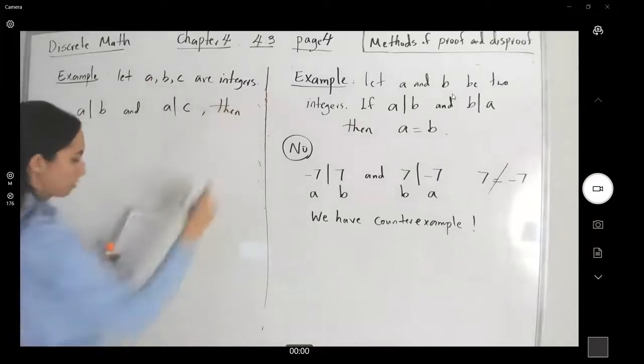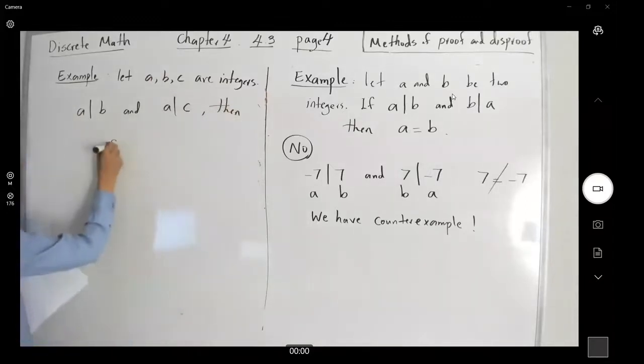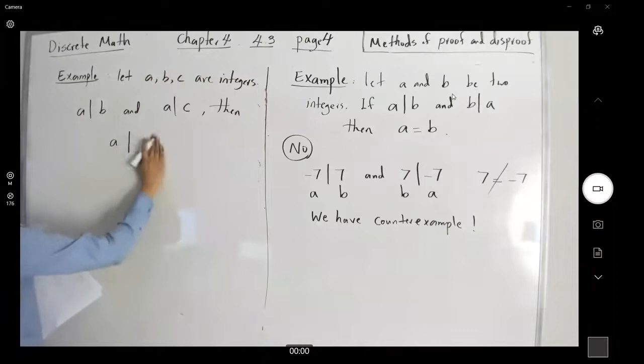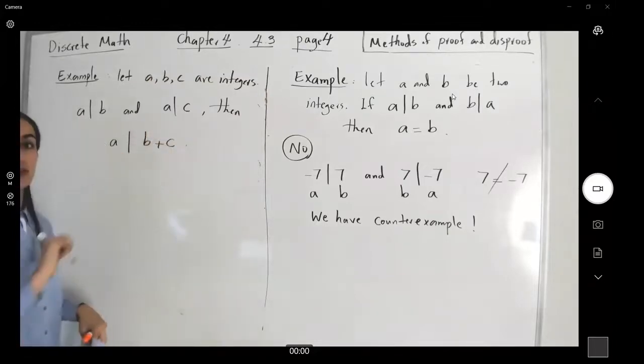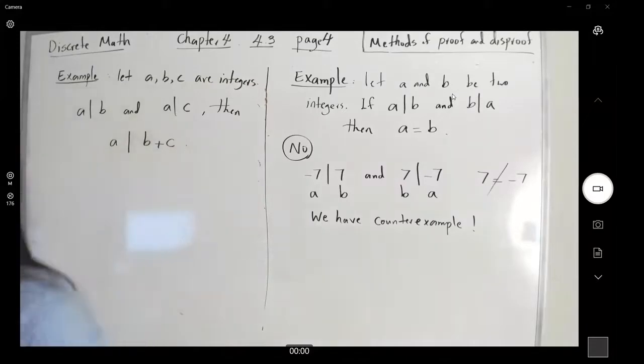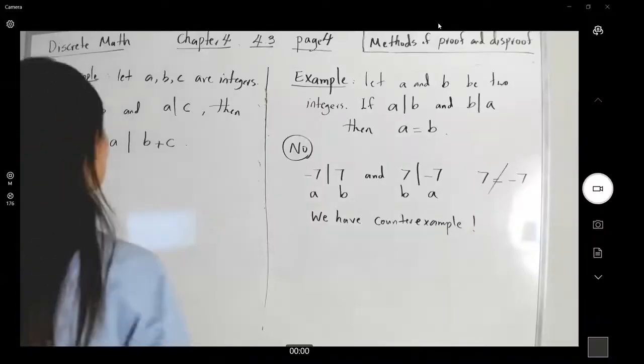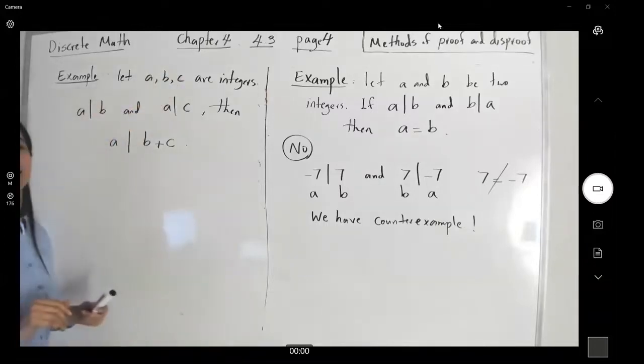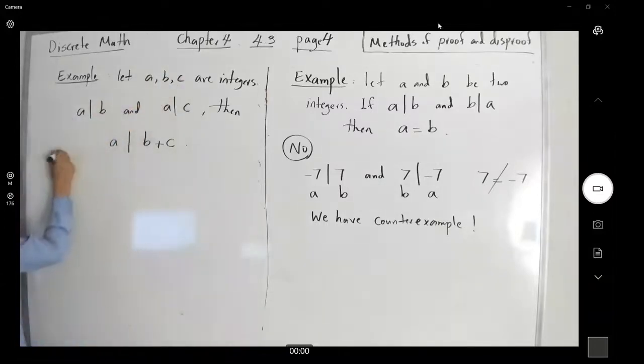Then the conclusion says A must divide the sum of B and C. Is this true or false? If it's true, how do you prove it? If it's false, what is the counterexample? Well, this statement is true. This is a true statement.